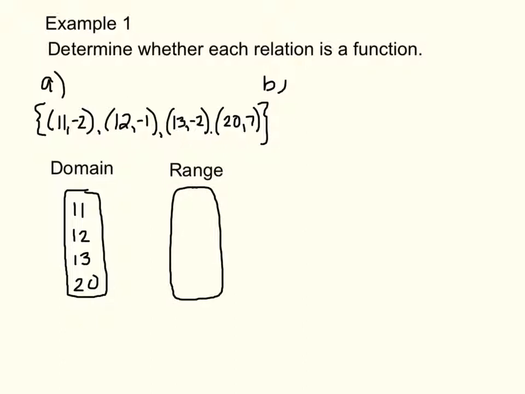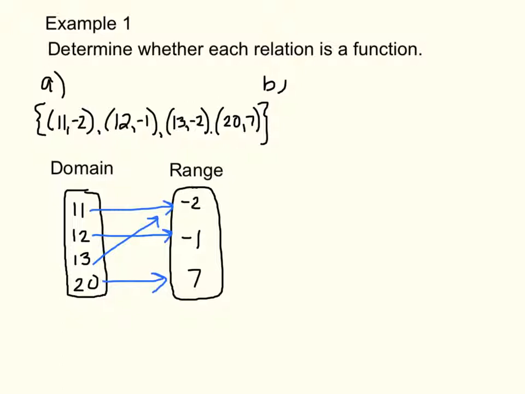Now in your range, we're going to put them in order: -2, -1, and 7. Notice that I did not repeat -2 since it appears more than once. I don't write it more than once. We only need to write it once. So 11 goes to -2. 12 goes to -1. 13 goes to -2. And 20 goes to 7.